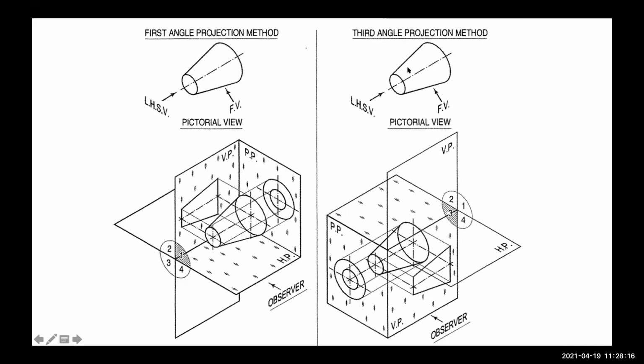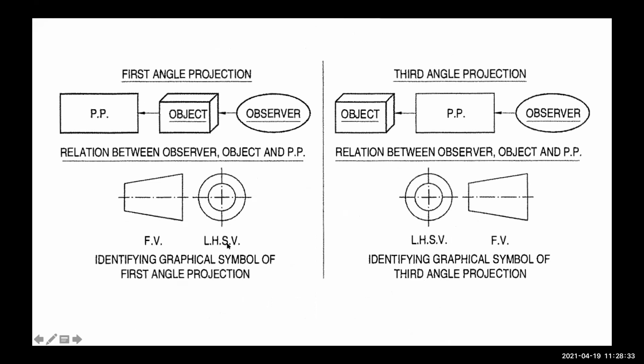Whereas if the same object is placed in the third quadrant, you will get its first view, the front view, on this vertical plane, and its left hand side view will come to the left hand side of your front view. So its representation will be like this, and you have to keep this in your mind.